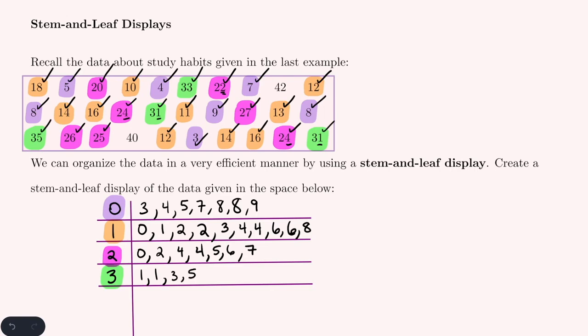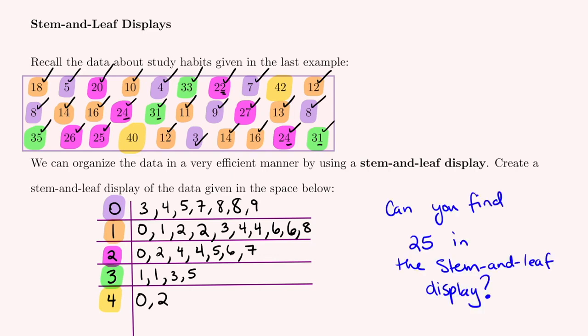Next up, let's include those 2-digit numbers that start with a 4. We see that those are 42 and 40. So as we label those, we will get 40 and 42. So this is our stem and leaf display organized from the 30 data entries we see above.